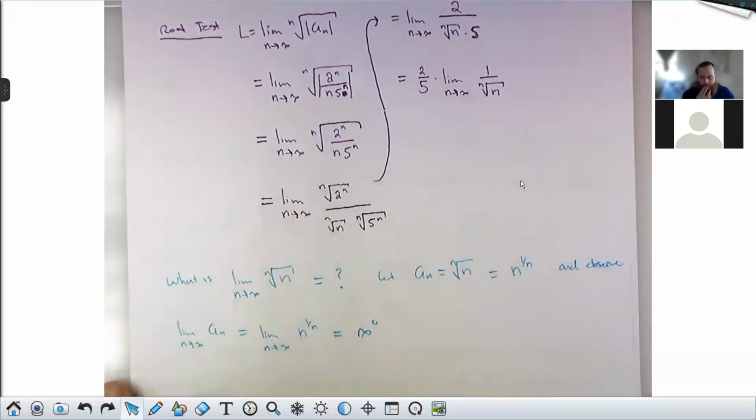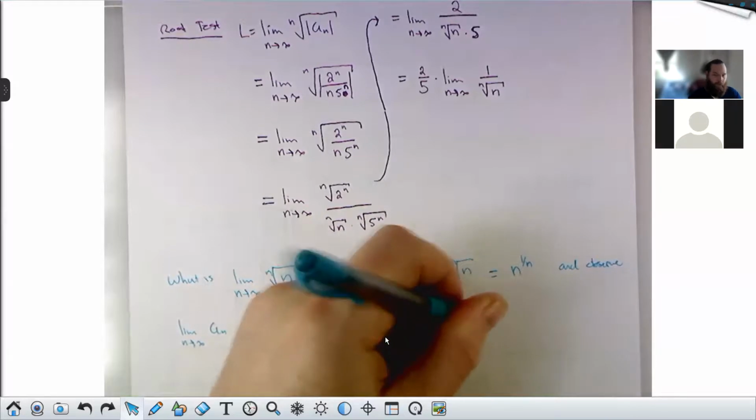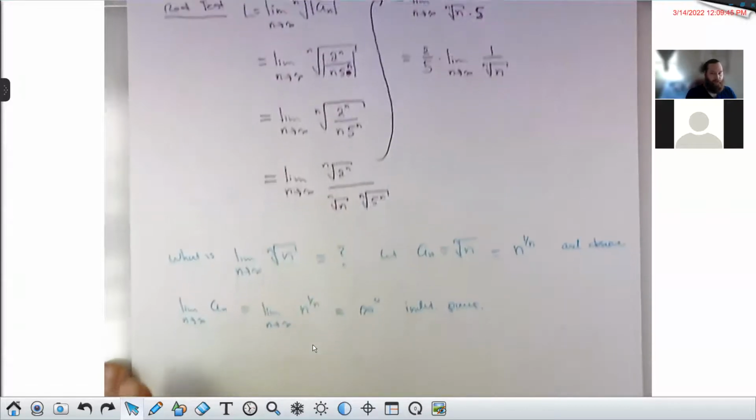And that's a problem. Remember, infinity to the 0 is an indeterminate power. Now, I don't want to spend too much class time on this because this is something from 11.1. It's something that we've technically seen before.